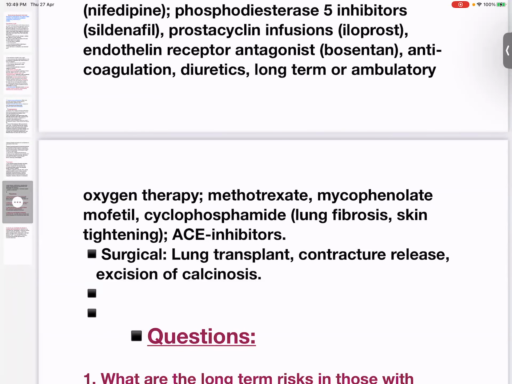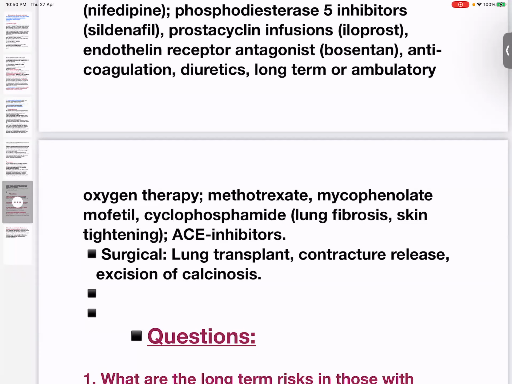Methotrexate, mycophenolate mofetil, cyclophosphamide. These are medications that can be used with all autoimmune diseases as immunosuppressive medication, specifically in case of lung fibrosis and in case of skin tightness.